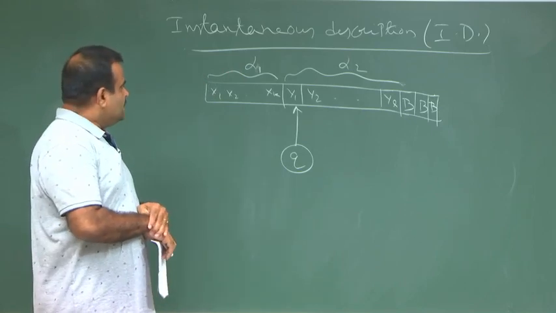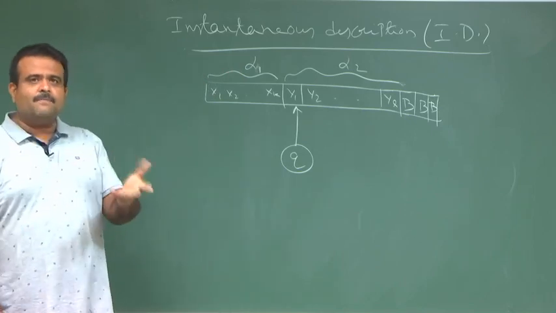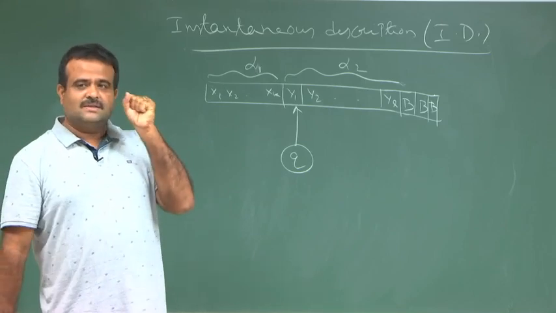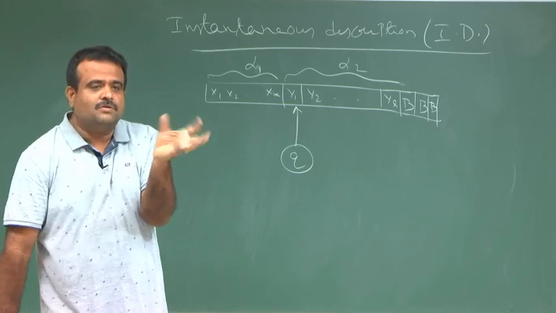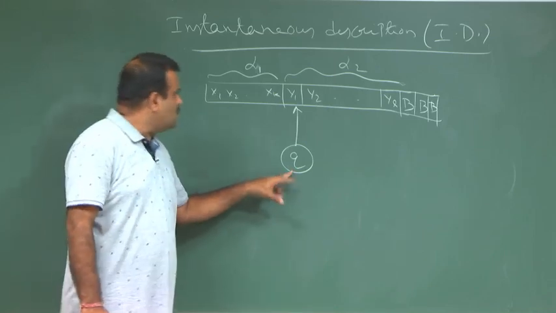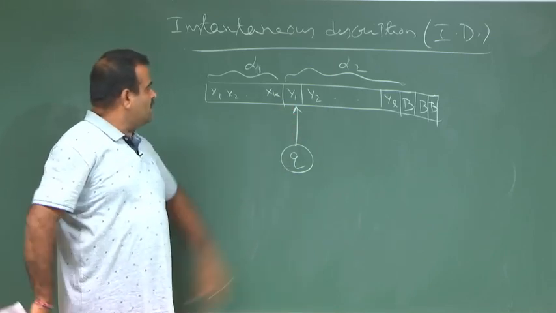Okay. Now, suppose at some point of time this is the snapshot of the machine, that is, we take a photo. We are at state q and our tape head is pointing here.